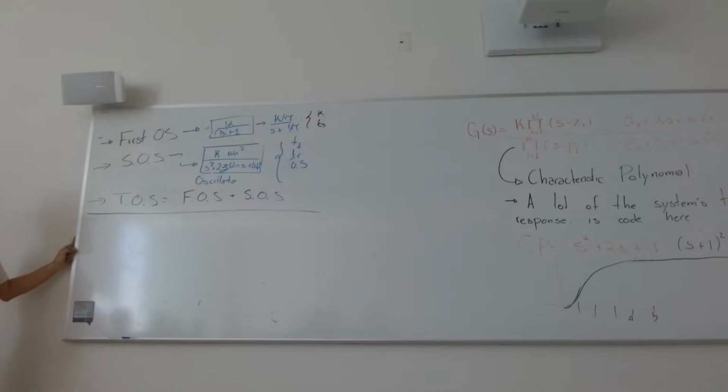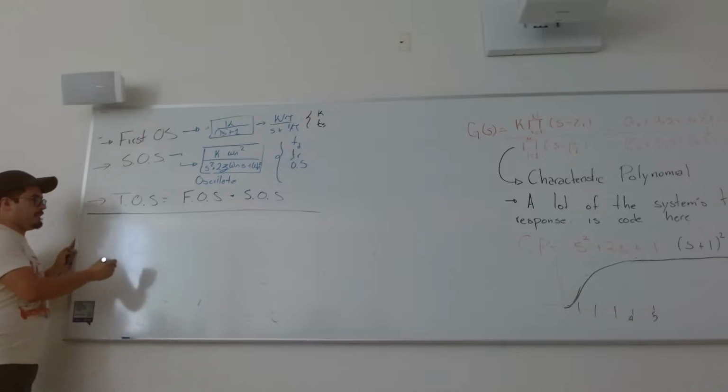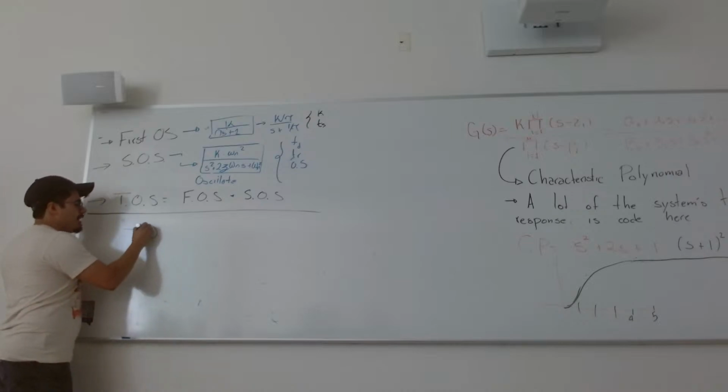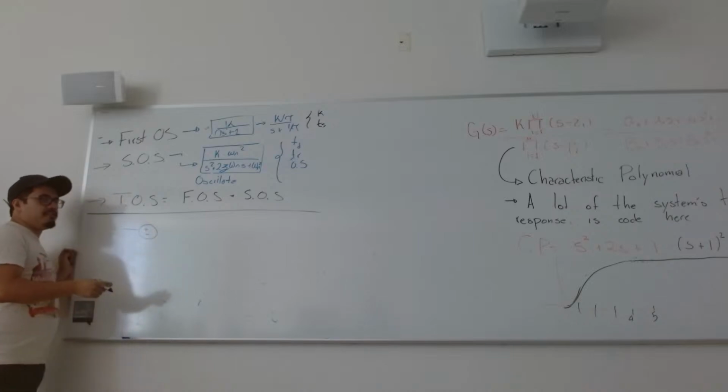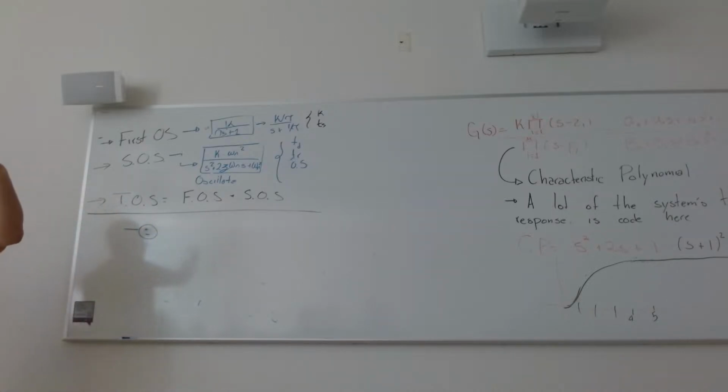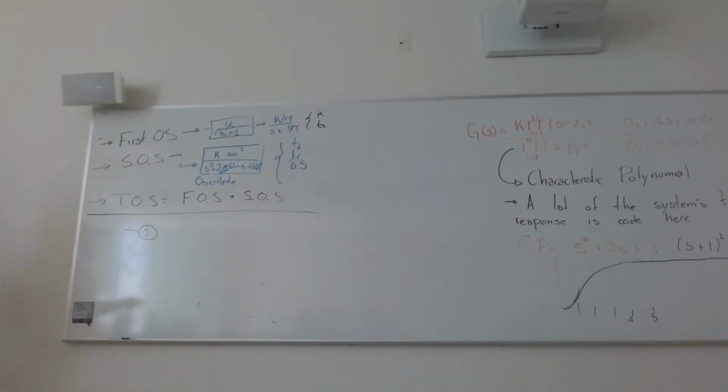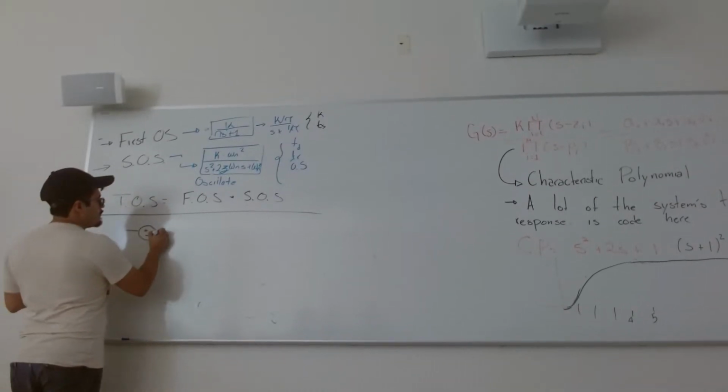We need to close the loop. Okay, so that's okay. If by adding poles and zeros, or by changing the gain on the closed system, I can do that. Okay, but don't forget to close the loop.